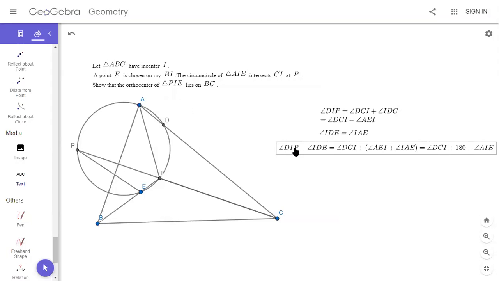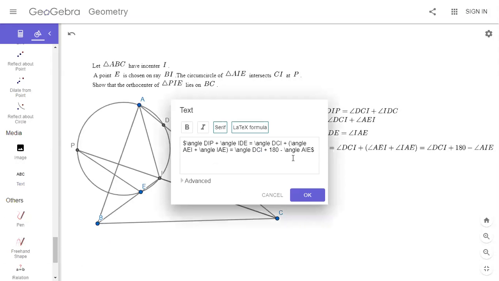And then it should be easy to show that that's equal to 90. Let's see. Yeah, it is. I'm just going to say this equals 90 by an angle chase.